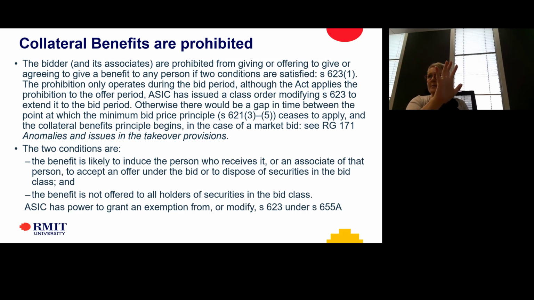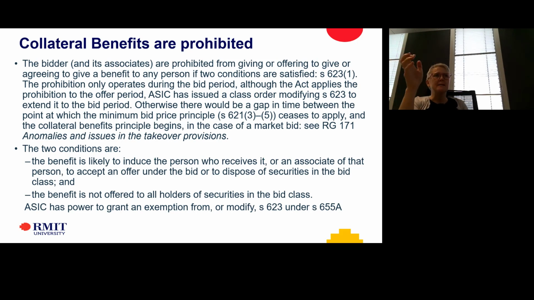And those employees might also be shareholders. Going and presenting to those shareholders very attractive employment contracts that might induce those employees to vote in favour of the bid is likely to be a collateral benefit. So it's prohibited to offer a collateral benefit of any kind.